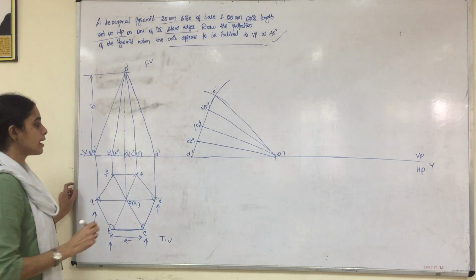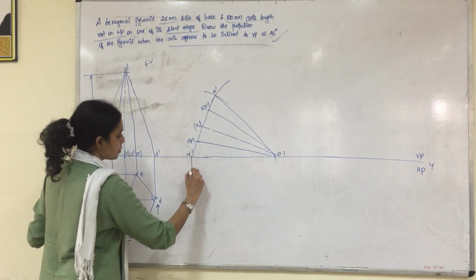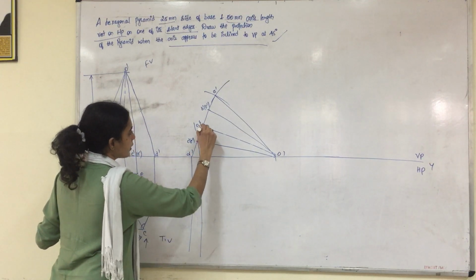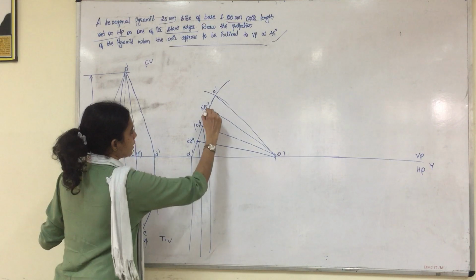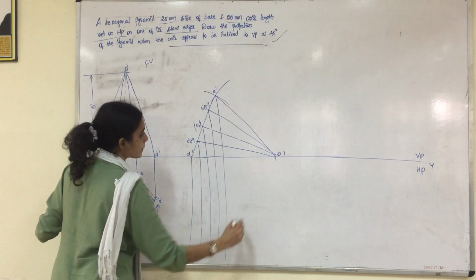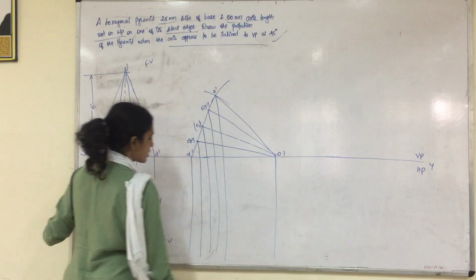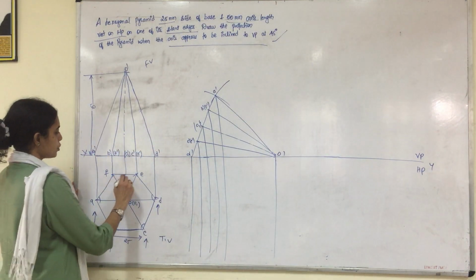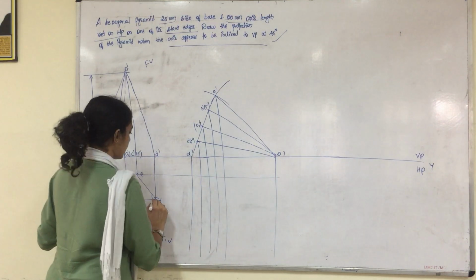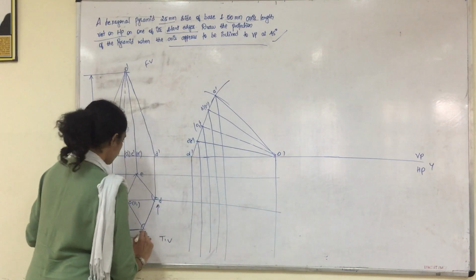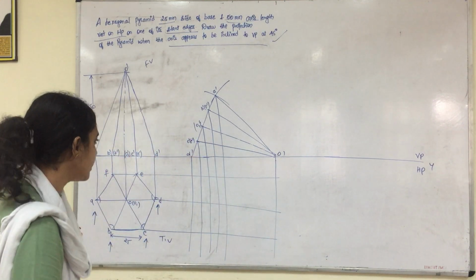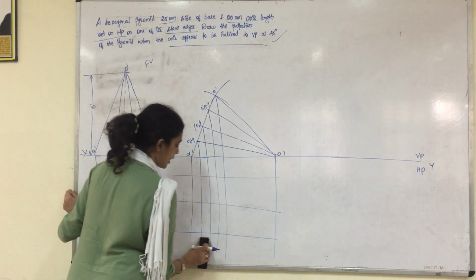So once this is done, please take the projection down from each and every point of our front view without fail. Apex. After that, kindly take the projection from the top view also. B and E, A and D, B and C. So after this, kindly erase the extra lines.